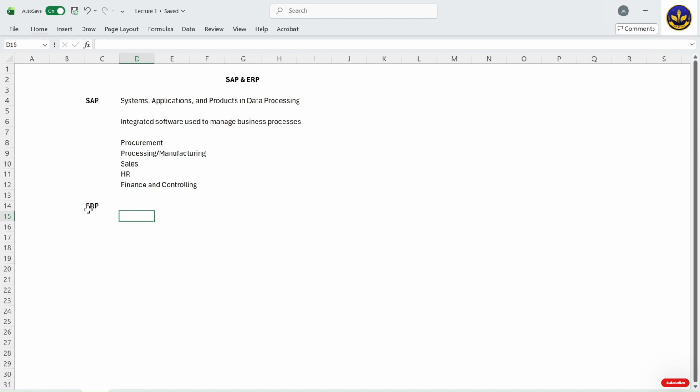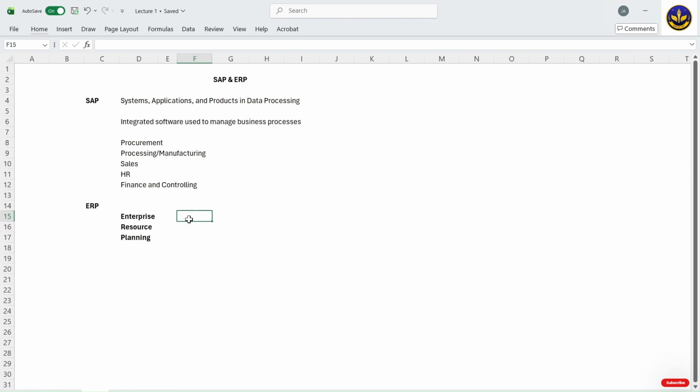Similarly, ERP also stands for something. E stands for enterprise, R stands for resource, and P stands for planning. Let me highlight it or bold it.